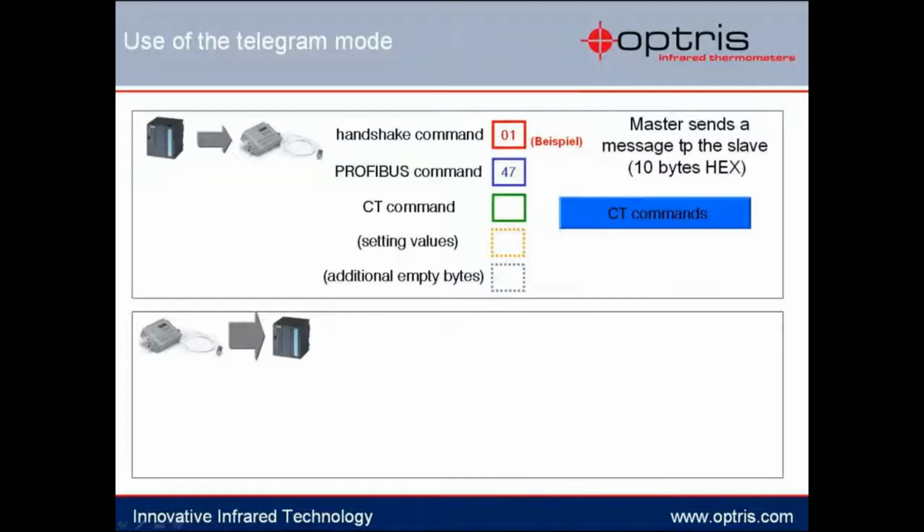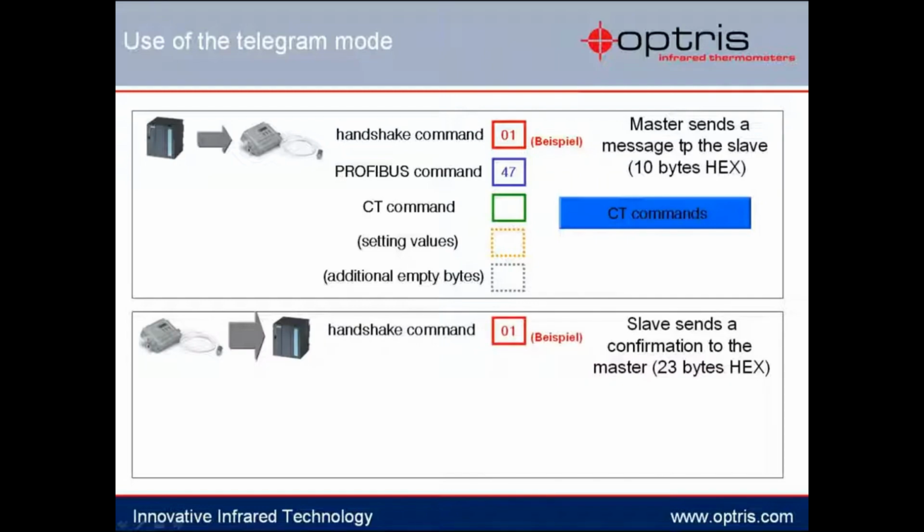The temperature sensor will reply with an answer after receiving the telegram. This answer contains 23 bytes. The first byte hands back our so-called handshake byte. Then the second byte follows with the value 15, which points out that we have received a telegram. The third byte is the answer byte from the temperature sensor.